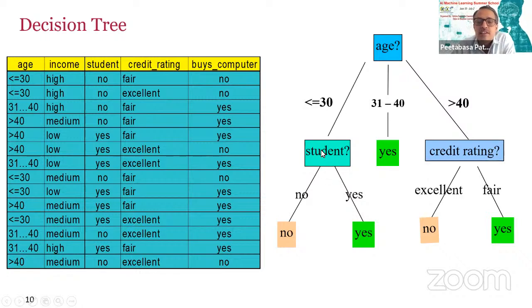Because if the person is less than 30 years and a student, this is likely to buy a computer, then the answer is yes. If not a student, then it is likely that the person will not buy a computer. So we try to construct different nodes and then split these nodes to create branches, and finally we arrive at an answer or a classification value, what we desire to get.